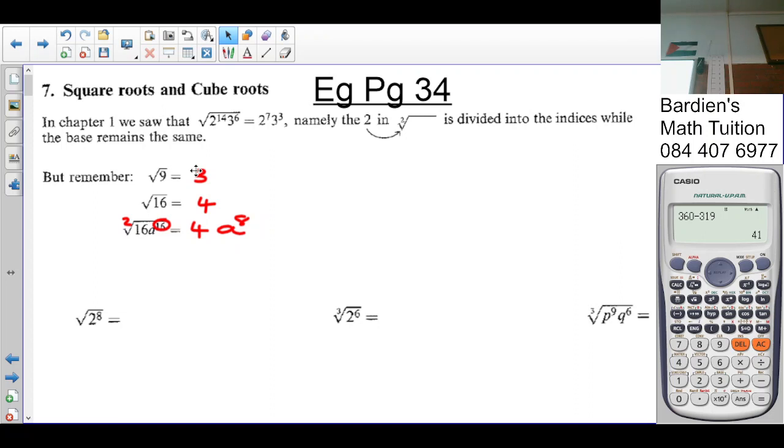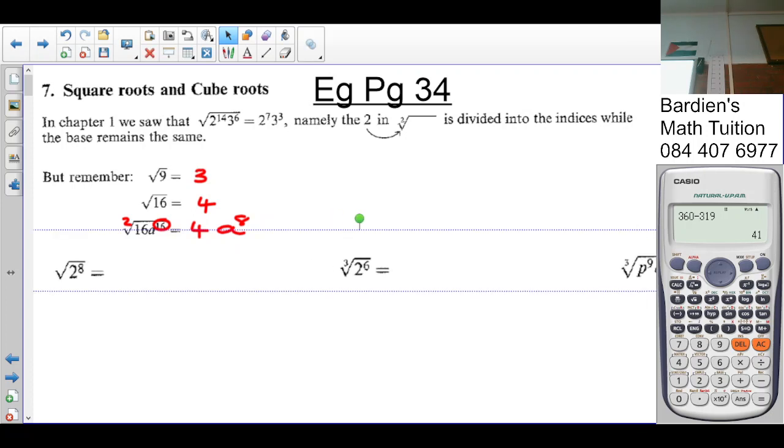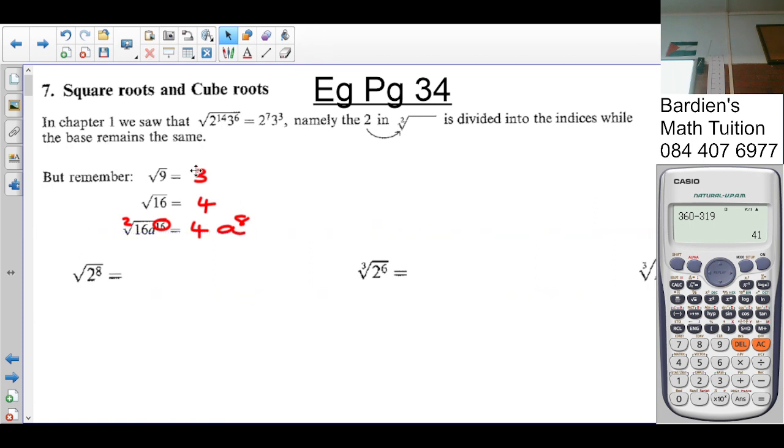Alright. Let's look at the next line of examples. So here we have the square root of a to the 8. Of course, this can be written as a to the 8 divided by 2.